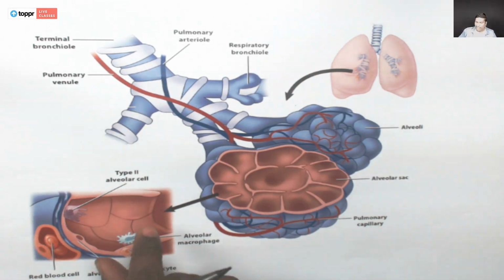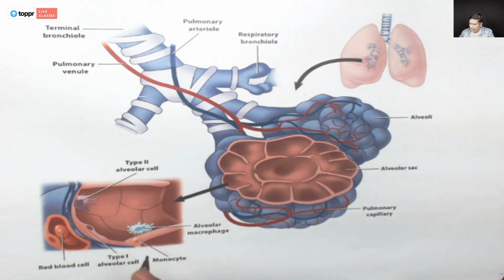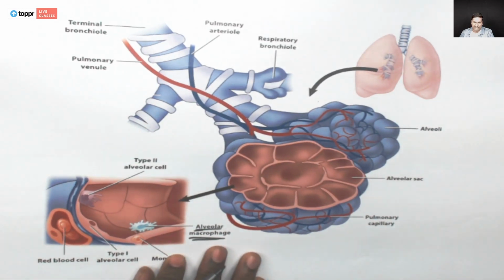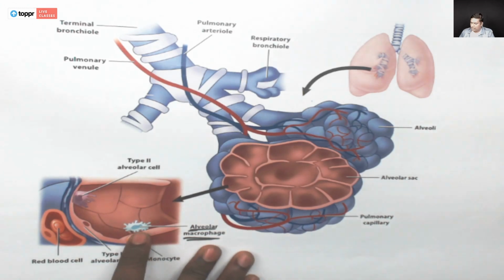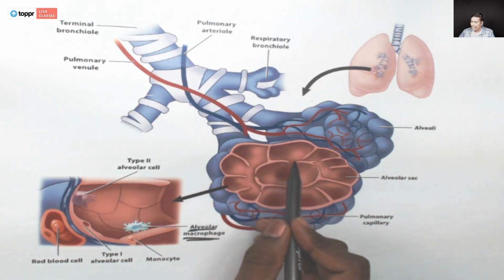Okay, now another important aspect that you have to understand here is these alveoli are supplied with immune cells like your macrophages. They're called alveolar macrophages. Suppose whatever microorganisms are there with the air were able to escape the initial part, which is your mucous membrane of the nasopharynx, and skip the trachea and somehow enter the alveoli.